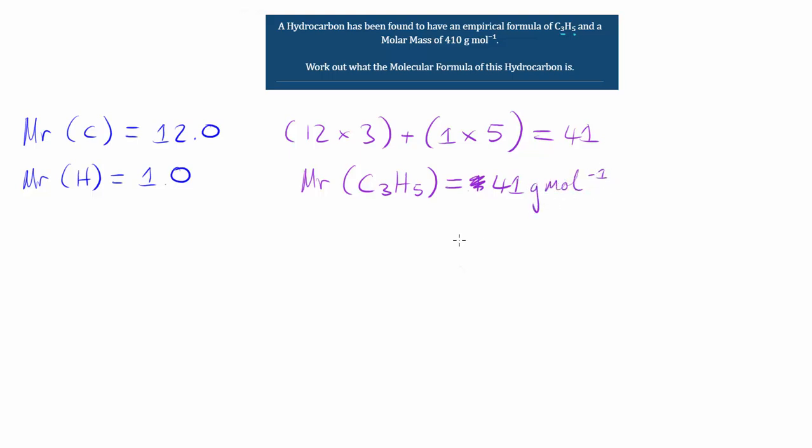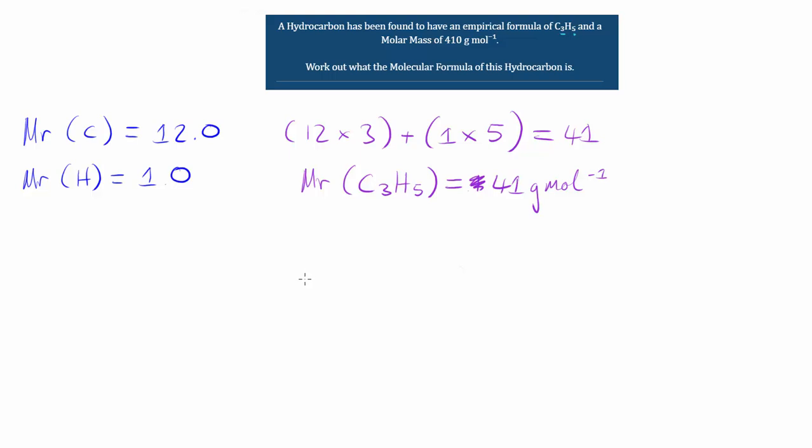Now, at this stage, we have the molar mass of our empirical formula, we have the molar mass of our molecular formula, and based on visual inspection, I think you can probably infer what the multiplier is. But I'm nonetheless going to go through the steps.